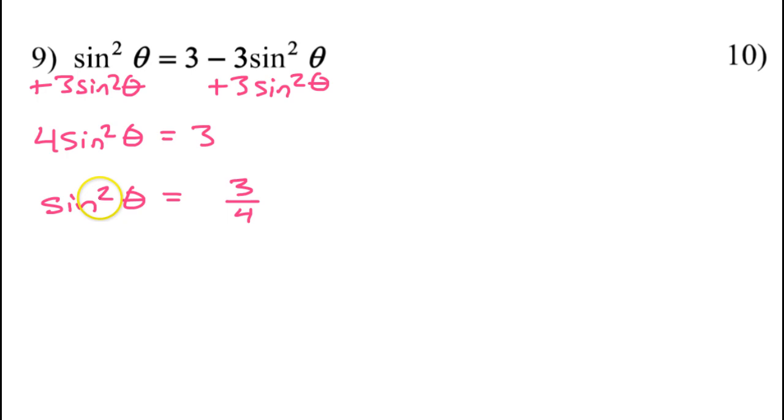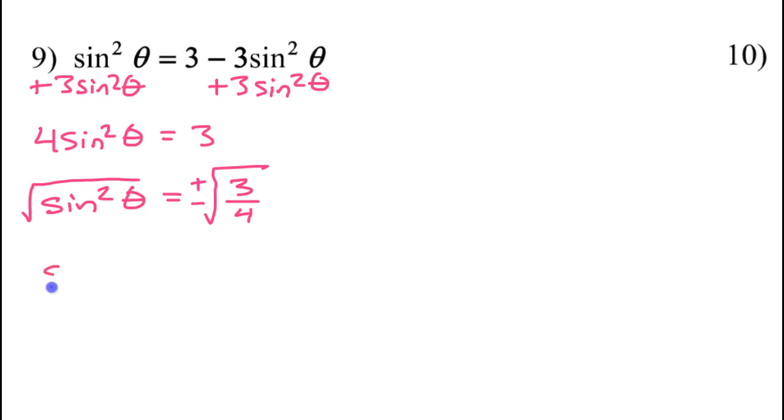To unsquare sine squared, I need to take the square root of both sides. When you take the square root of both sides, the solution can be plus or minus. So don't forget that. It's a common mistake to forget the plus or minus.